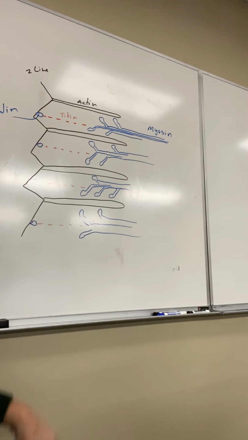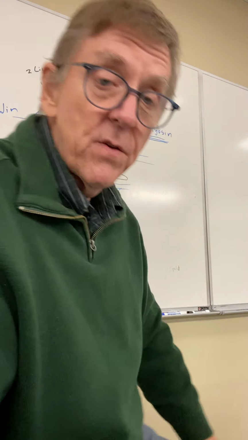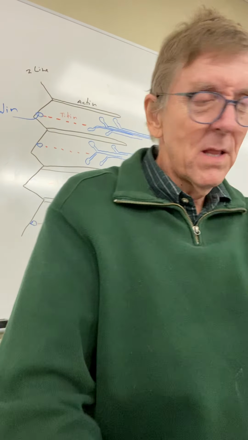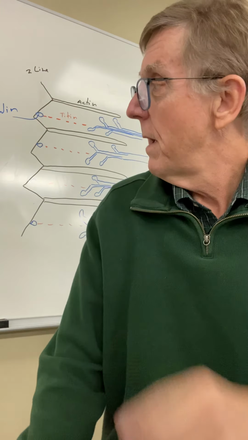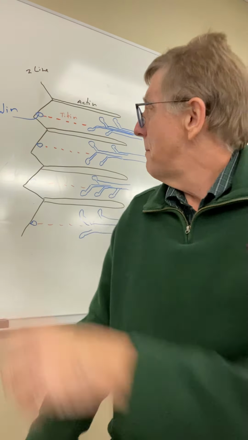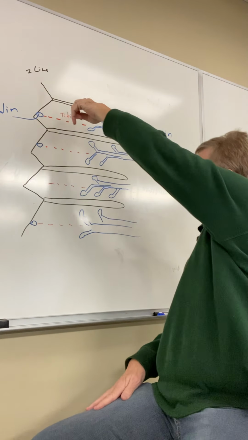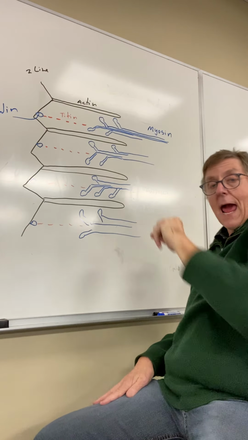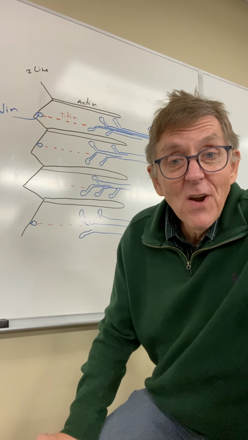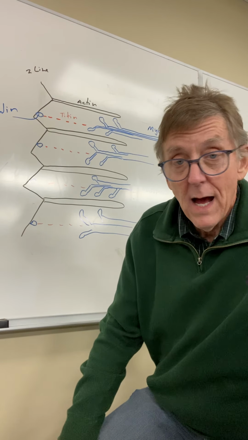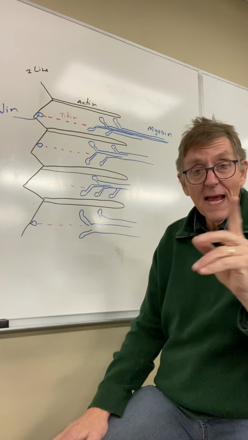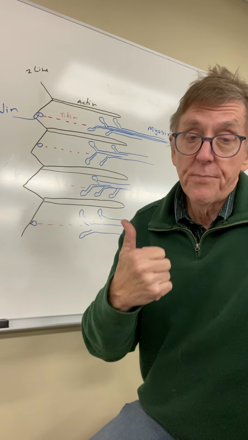And one of the things, and I'll have to draw one more picture. I know I'm a little bit out of sequence here, but we had said that there's a myosin binding site on the actins that is covered up. They're all covered up, so the myosin head can't get there. And I don't have that in my picture.